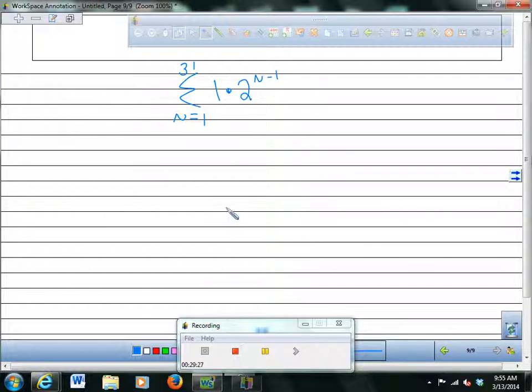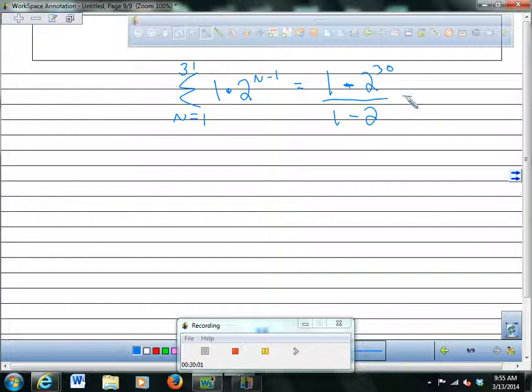You understand that? Okay, so if I do that sum using the formula, what's a sub 1? A sub 1 is 1, minus a sub 31, which would be 1 minus 2 raised to the 30th power, over 1 minus r, which is 2.